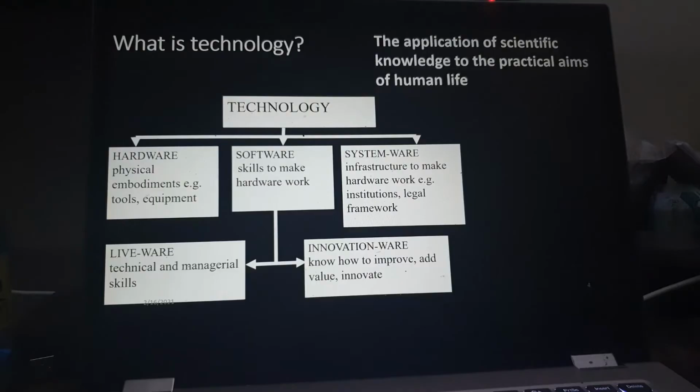You can see from this elaborate definition of technology that we mostly know hardware technology. We have not popularized, created enough awareness about software and the systemware.